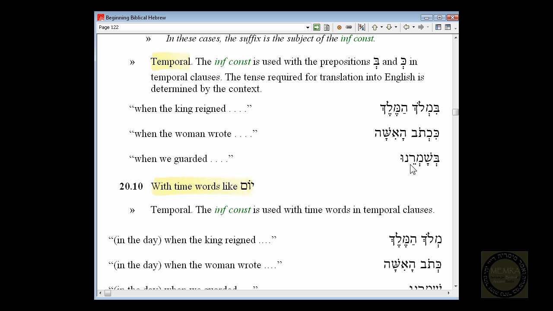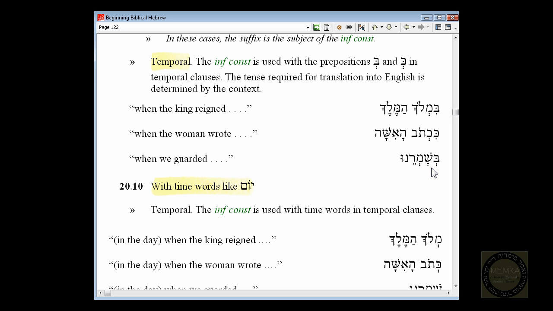we guarded, or again, you're going to have to consider that our suffix enu could also be the subject of the infinitive construct. So when we guarded, again, could be object, could be subject.